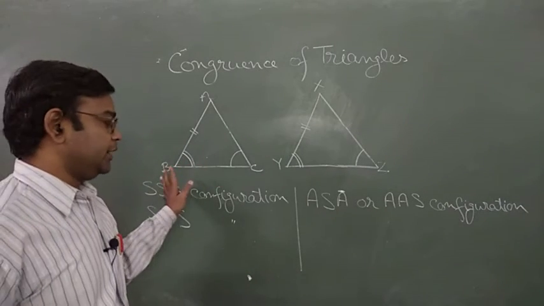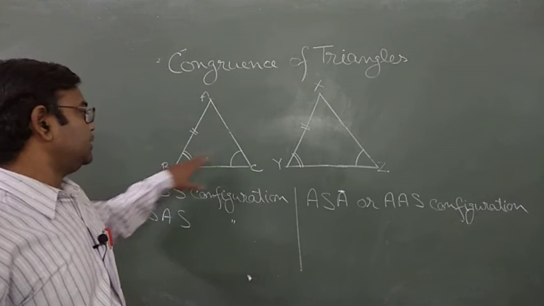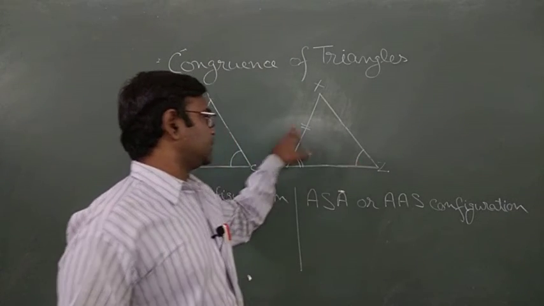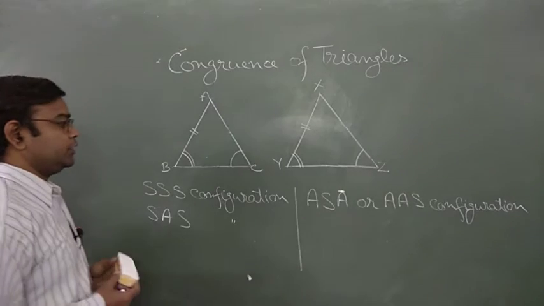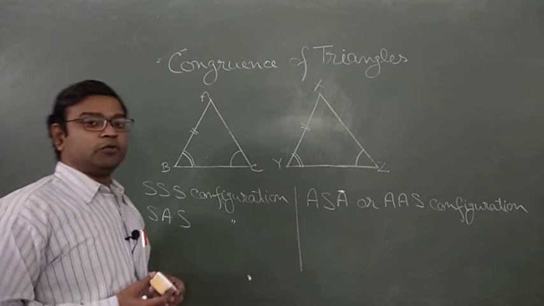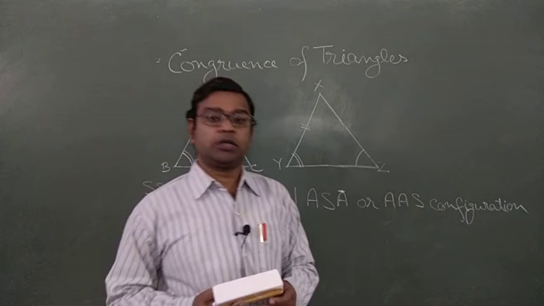Sorry, not triple AS, it's AAS, angle, angle, side. So we can use these configurations or properties to prove or compare two triangles.